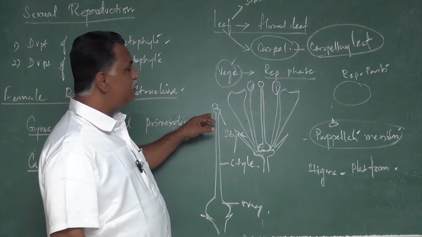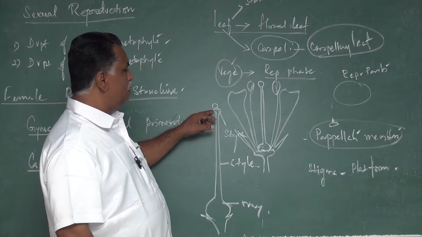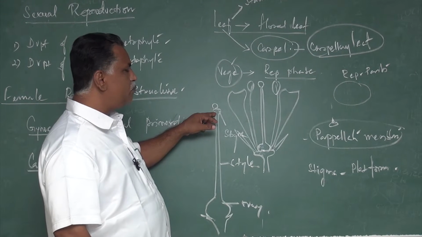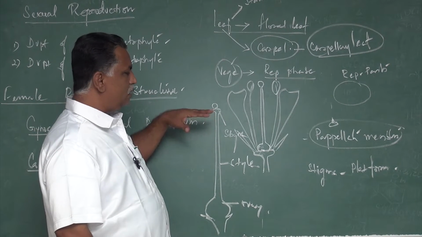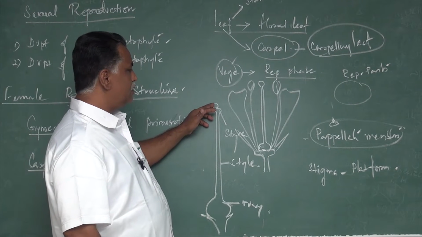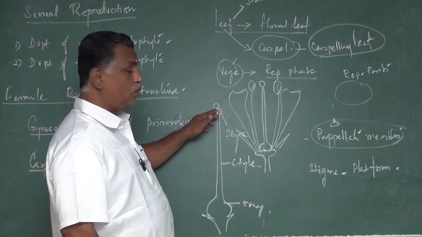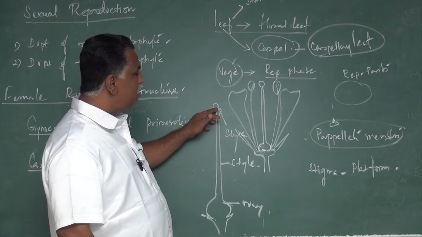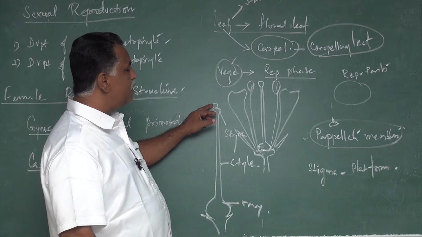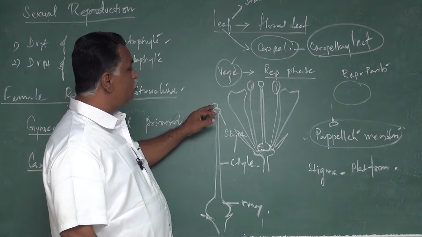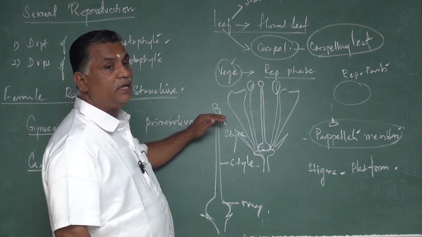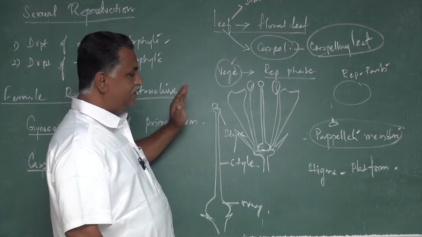So there is incompatibility existing between the androecium and gynoecium, or the male and female reproductive parts of related and unrelated plants. If the plants are related, the pollen grain will be allowed to grow over the stigma. If they are unrelated, if they are from different species, the growth of the pollen grain over the stigma is rejected. So this is called incompatibility action.